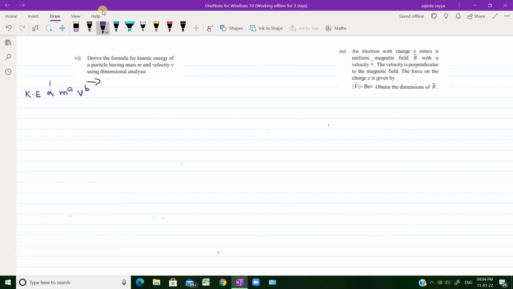On observing this proportionality sign, we will express it in terms of a constant of proportionality. Therefore, kinetic energy is equal to, let us assume this constant of proportionality as k, m raised to a v raised to b. Let us number this equation as 1, where k is a constant.